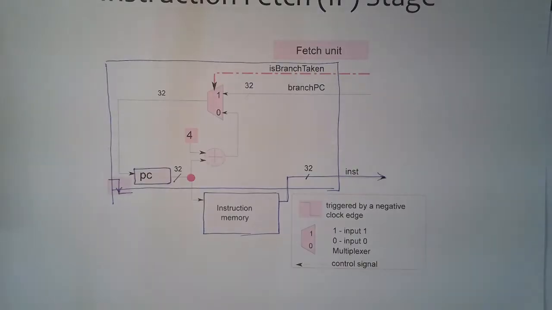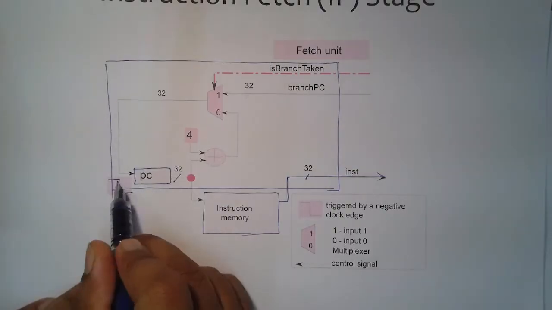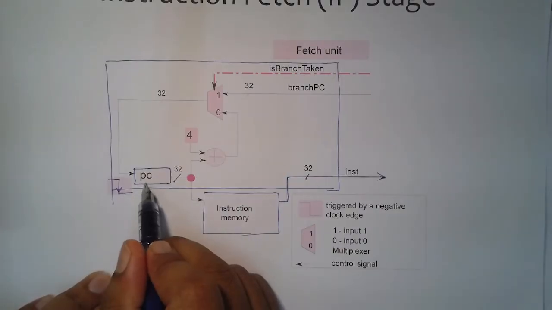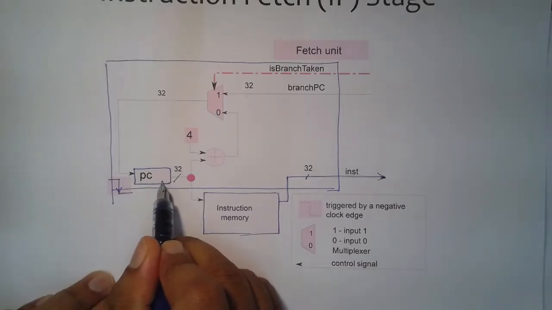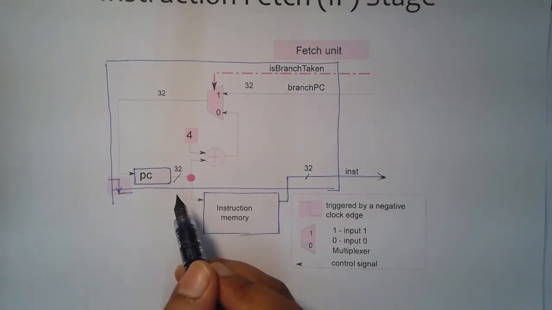Now I am not only doing that, I am also updating my PC so that whenever the next negative edge comes, I can do the same operation. I have read the instruction indicated by this address; in the next clock cycle, I should read the next instruction. Where should this next instruction come from?